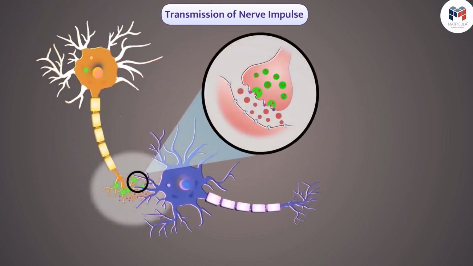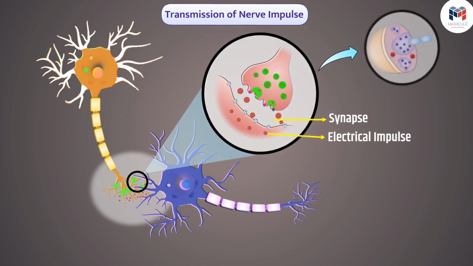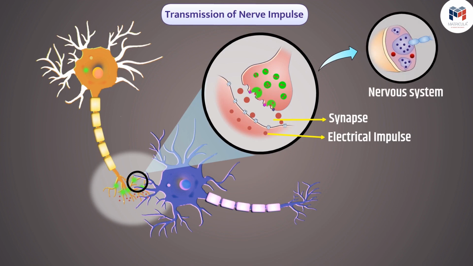Neurotransmitters travel through the space between two neurons, called the synapse, and transfer the information to the dendrites of the second neuron, where it gets converted into an electrical impulse. This is how a nervous impulse travels through the nervous system.